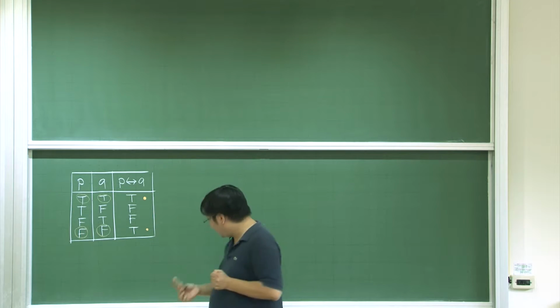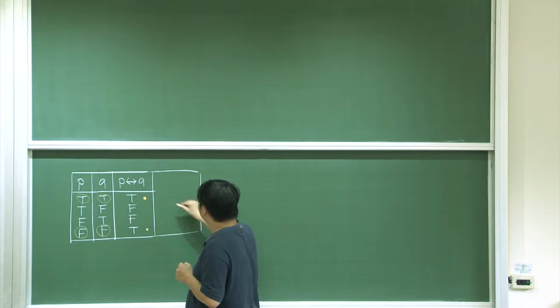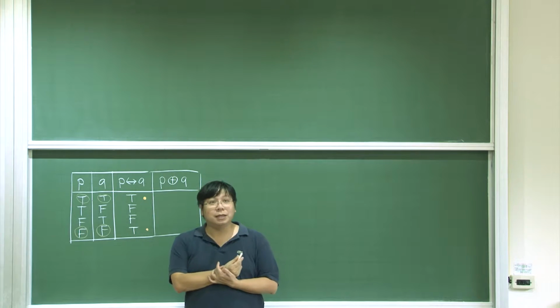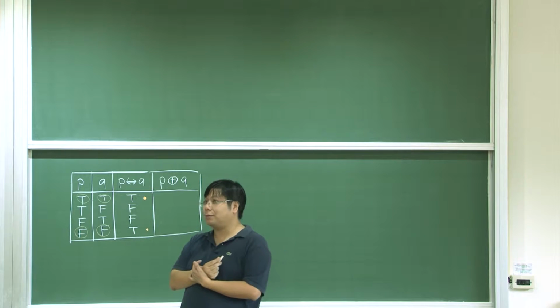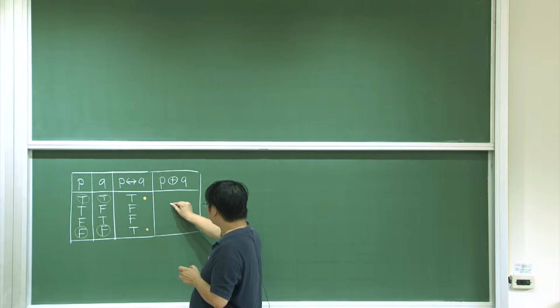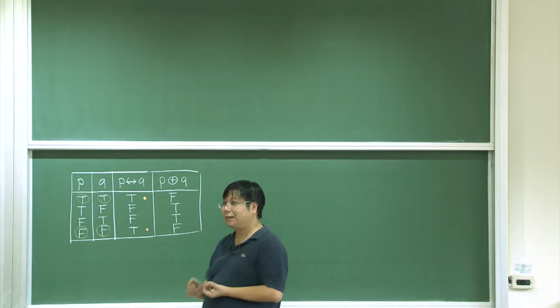Okay? And another special thing about this one is, let's recall the exclusive OR. Exclusive OR means exactly one of them is true. Okay, when the two of them are the same, it will be false. Otherwise, it will be true. Is that okay?